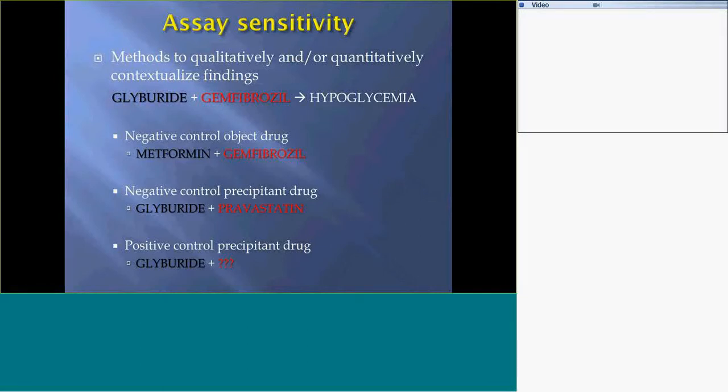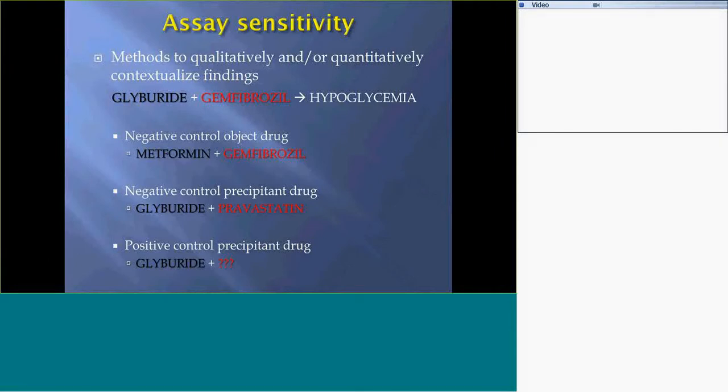So there'd be no reason to think that the addition of gemfibrozil, which inhibits liver enzymes, would cause an increase in metformin concentration and lead to hypoglycemia. Further, metformin in and of itself is thought to rarely cause hypoglycemia. So looking at point estimates that come out of your study when using this negative control object drug can help put into context what you find when looking at your drug pair of interest.